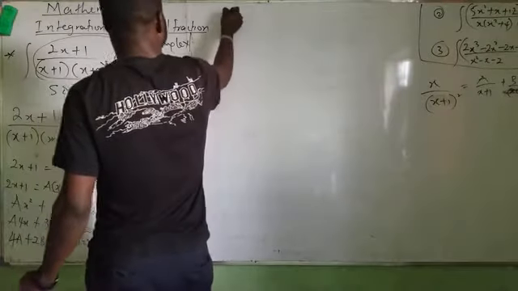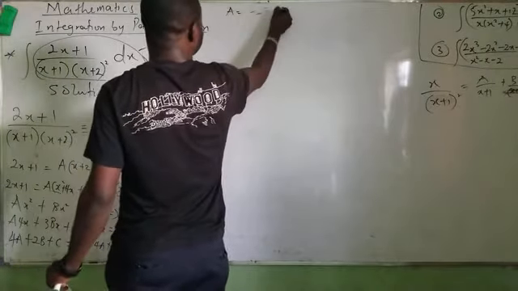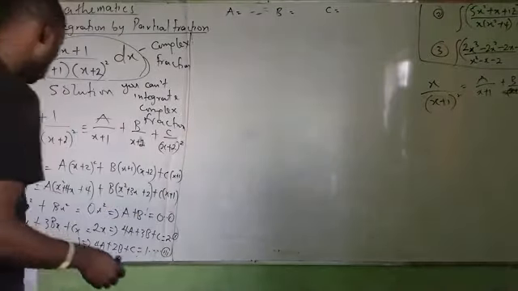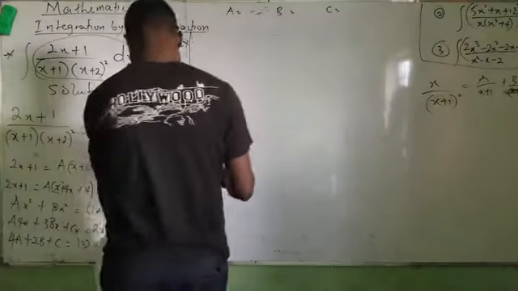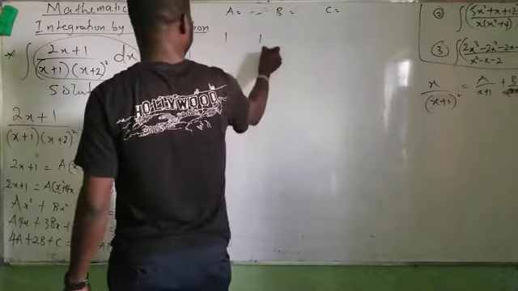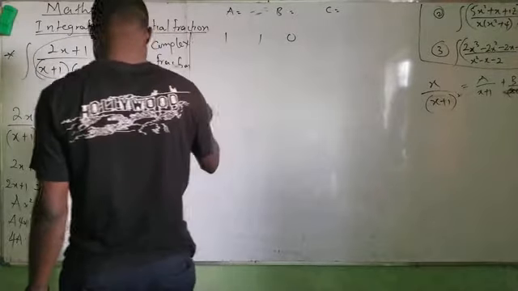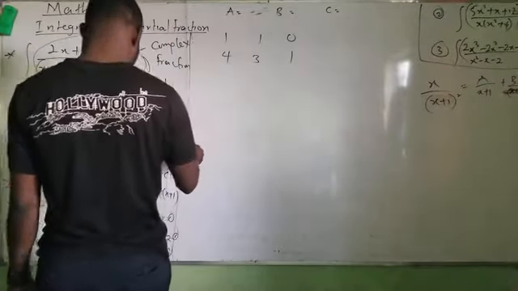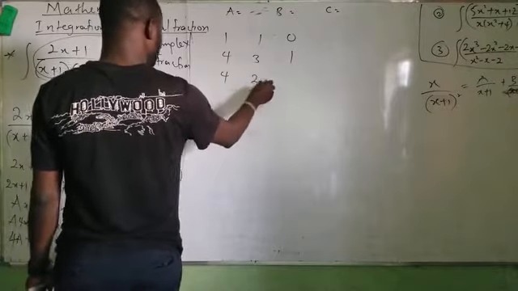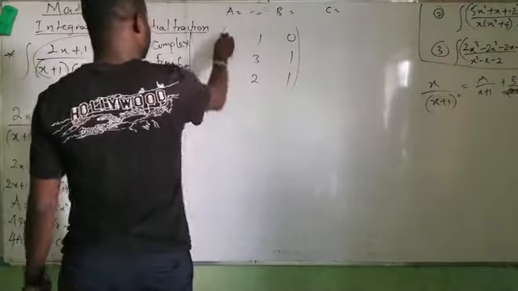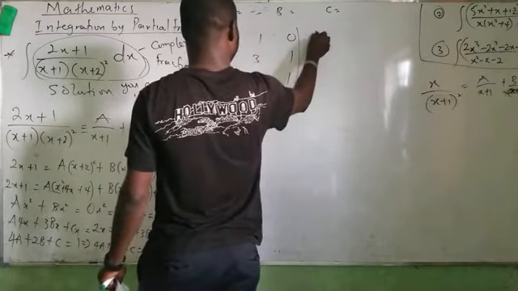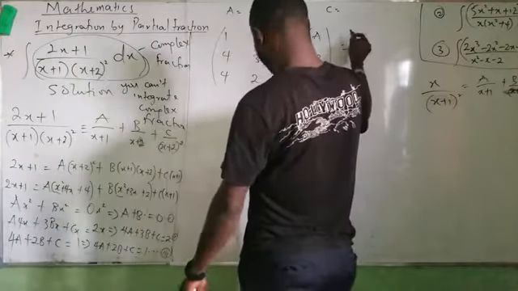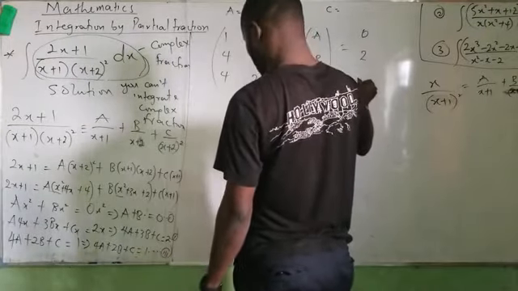Don't forget, I'm looking for A, B, and C. So if I go on matrix, I have 1, 1, 0, and 4, 3, 1, and 4, 2, 1, and this is the matrix multiplied by A, B, C, equals 0, 2, 1.